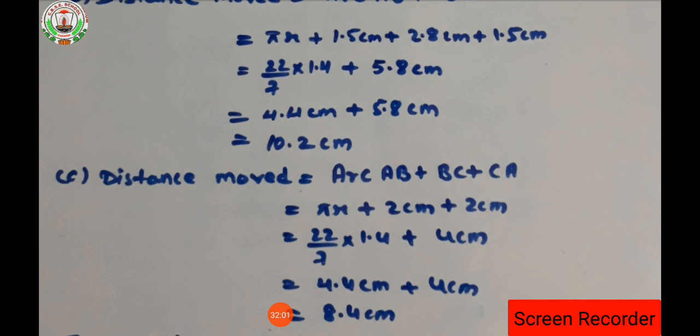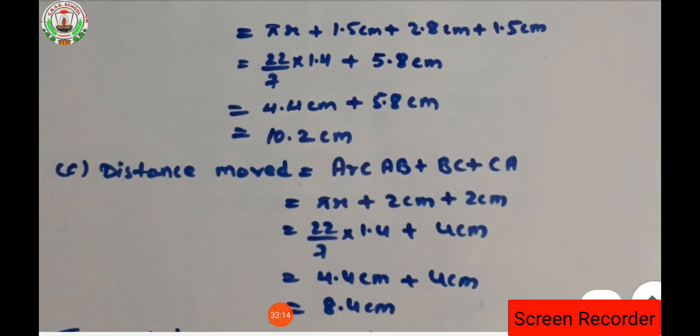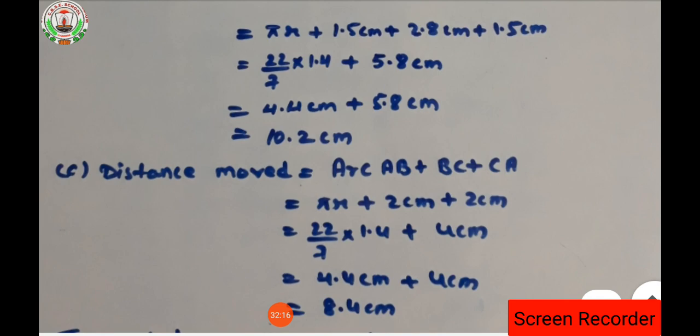So the perimeter of the first figure is 7.2. In the second figure the distance traveled by the ant is 10.2 centimeter, and in part C, 8.4 centimeter.